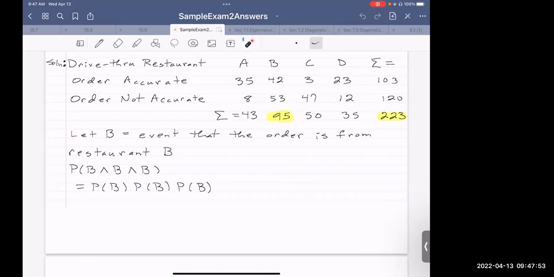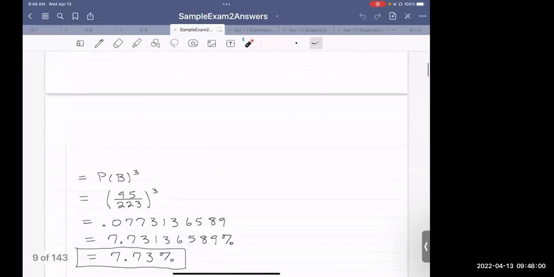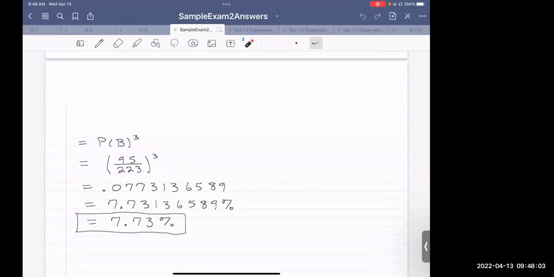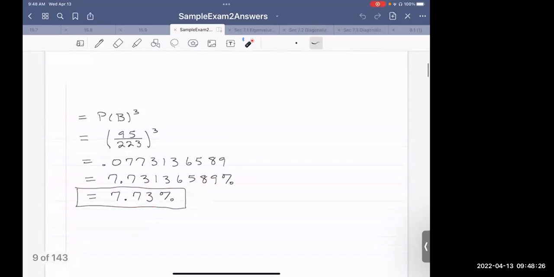The probability the third one that you choose is from restaurant B will still again be 95 out of 223. And so it's 95 out of 223 quantity cubed, 0.077313658. Move my decimal place 2 places to the right, 7.73136589%, round to the nearest hundredth of a percent, 7.73%.